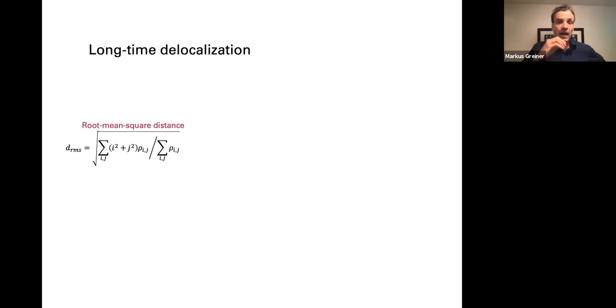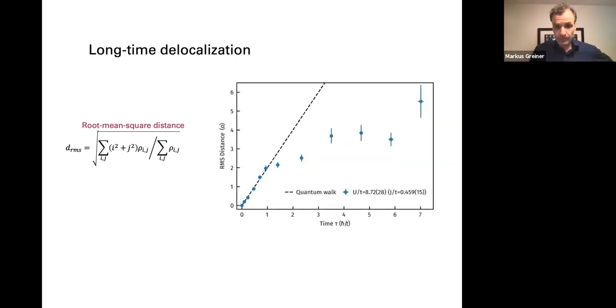We can also look at how the hole moves away. So we fit the distribution with a Gaussian, which we confirmed to be a good model for this.